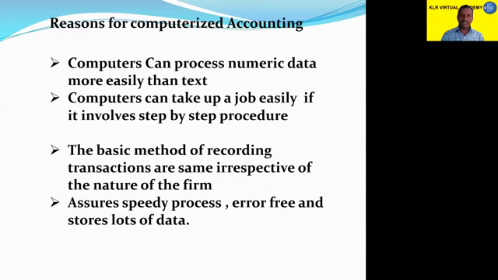What I mean to say is, the accounting process is common irrespective of the size and type of business organization. That's why, if we prepare a formal coding program by adopting these phases, then it will be followed by the computer.